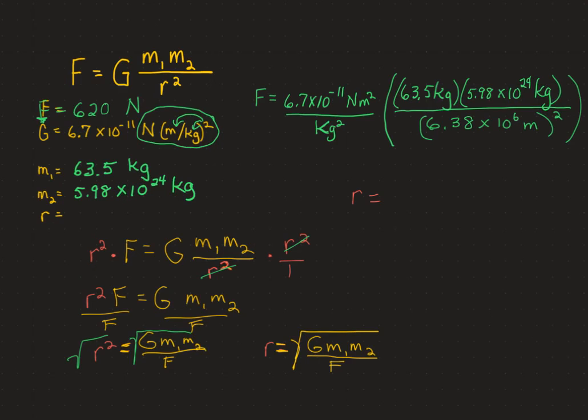That will give us R equals 6405883, or let's see, 1, 2, 3, 4, 5, 6. 6.41 times 10 to the 6th meters, which is farther from the center of the Earth than our first distance from the center of the Earth.